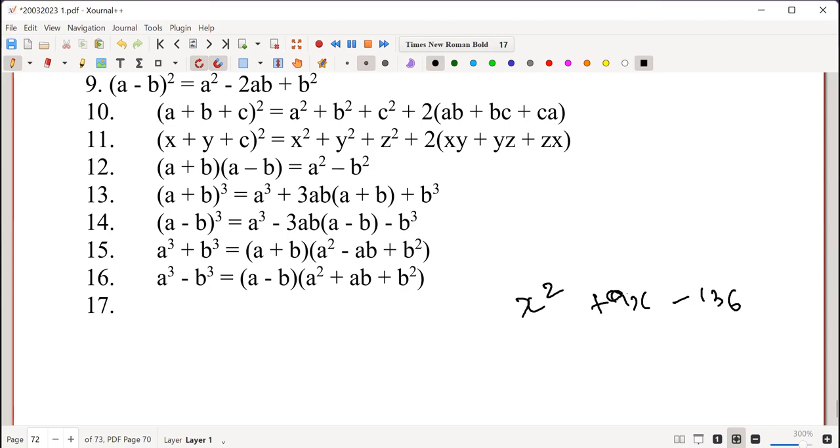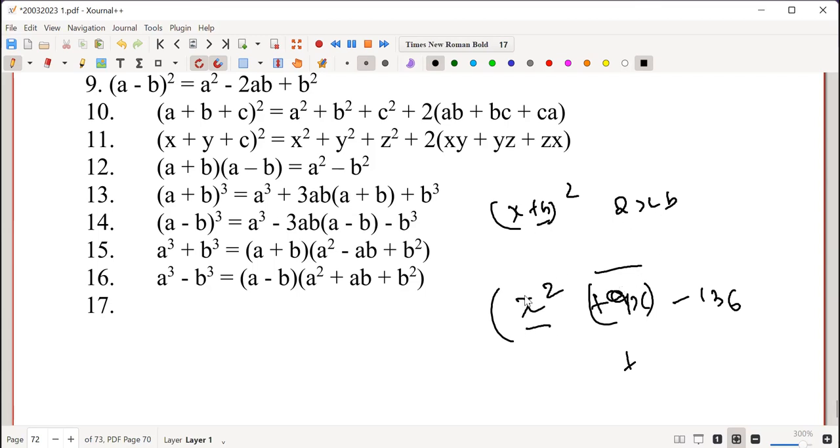To get the result, if I'm using completing the square, x squared plus 2ab x plus b whole square, like this I have to come. What I know is I have x squared. This one, I have 9x. What is this 9x? It is 2x into b.